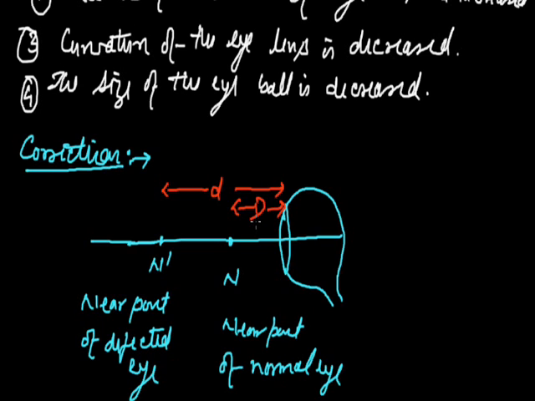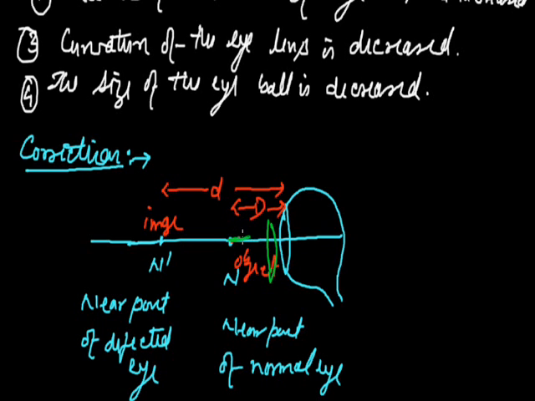If the object is placed at N, this eye is unable to see this object. If anyhow, with the help of a lens, we form the image of the object which is placed at N, at N dash, here is the object, the image must be here by using this lens. This is the lens. It is convex.